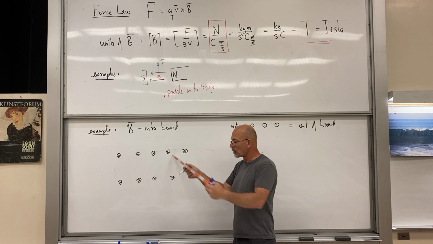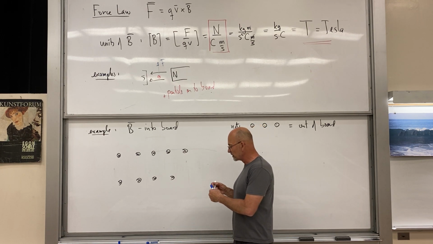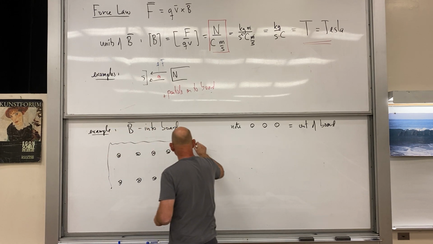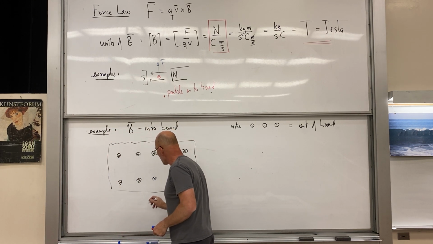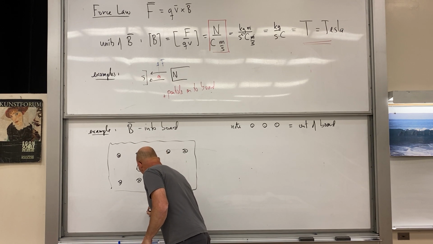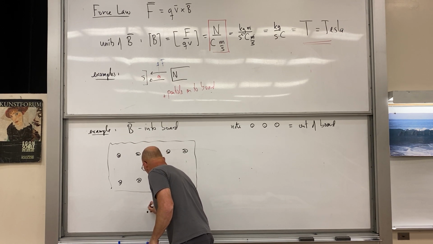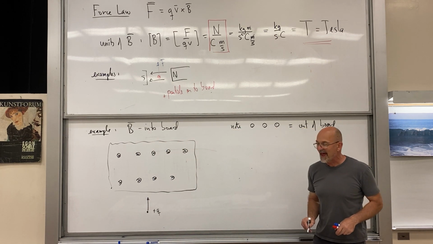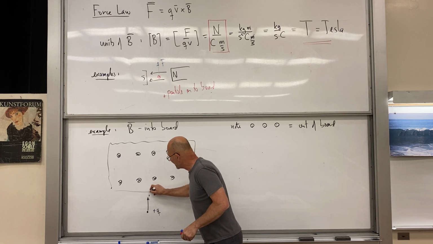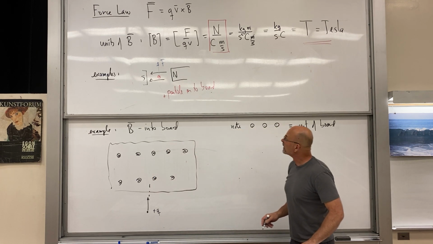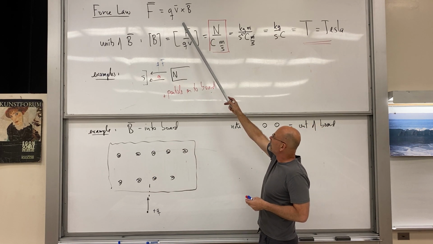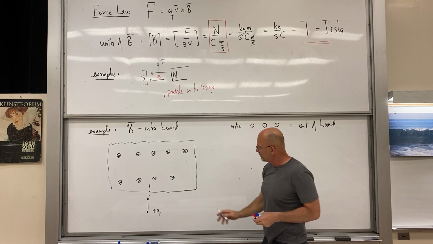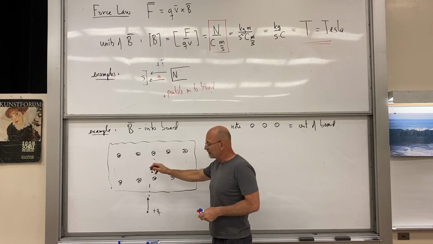So this is into the board, and what we're going to do is say that this is the region of the B field, and we're going to launch a particle. So plus Q, we're going to launch it into that field region. What happens when it enters the field? There's our law. Q is positive, V cross B. Now, V is up, and B is into the board.